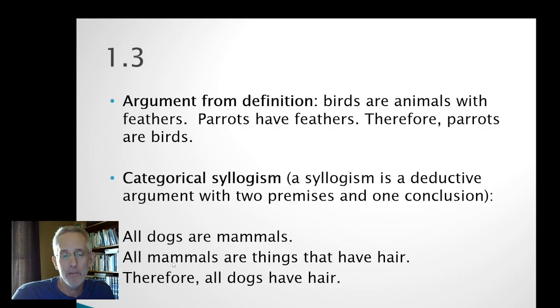And then a second premise, the category of things that are mammals to the category of things that have hair. So that's why, with those types of syllogisms, we have two premises, one conclusion, so it's a syllogism. In those premises there is an attempt to show a relationship between categories of things, hence a categorical syllogism.